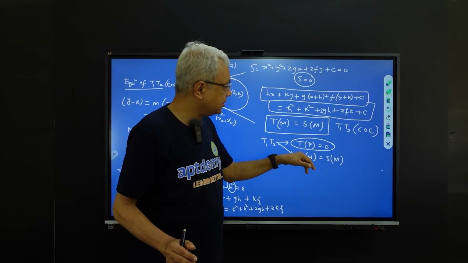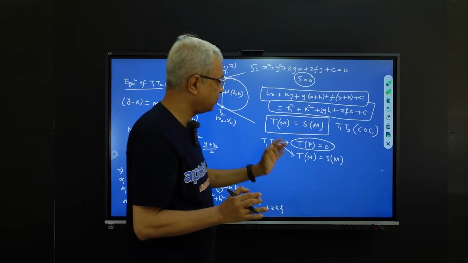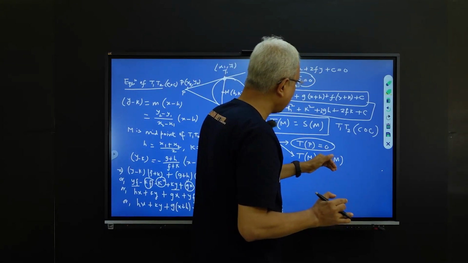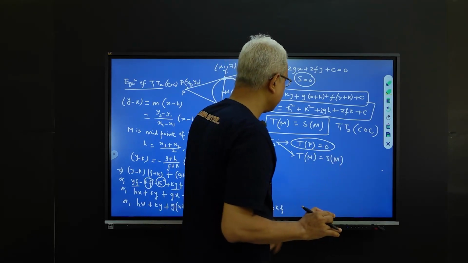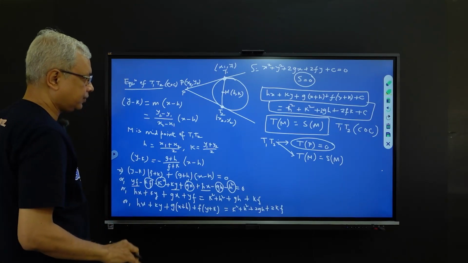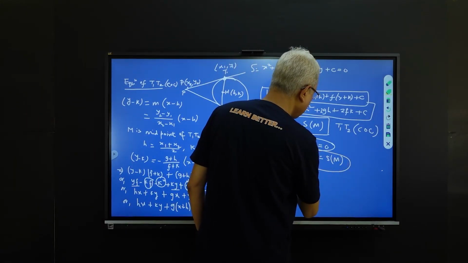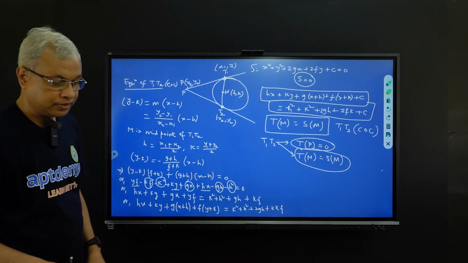The form will be like this: and Sm, S is the right hand side of the equation of the circle, satisfied at the point M. So Tm equal to Sm. Okay. Now these two things will be very useful for our computation.